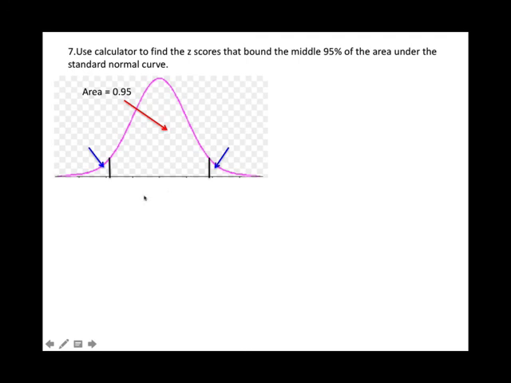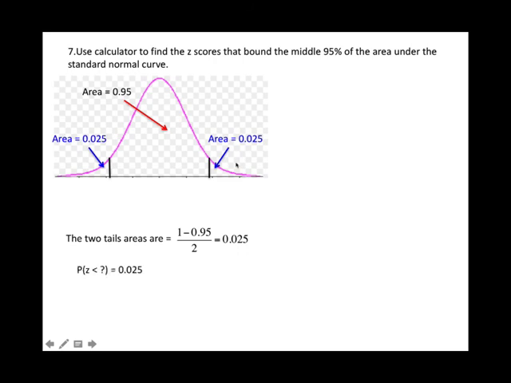I could do 1 minus 0.95 and then divide by 2 because I do have 2 tails. So each tail's area will be equal to 0.025. Double check, add it all up, you should get 1.